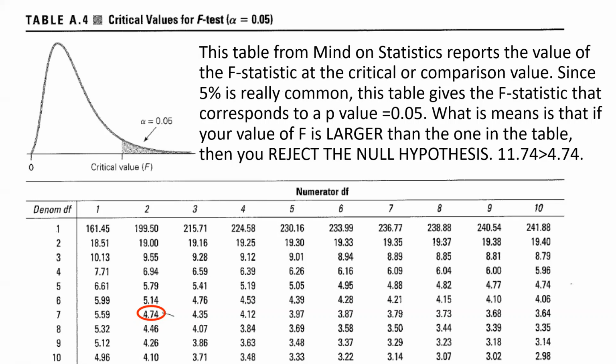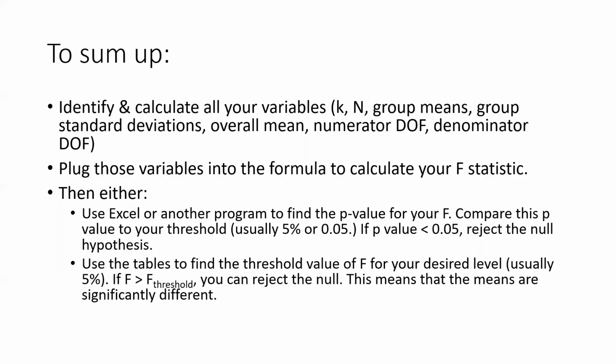Since 5% is really common, this table gives the F statistic that corresponds to a p-value of 0.05. So what that means is if your value of F is larger than the one in the table, then you reject the null hypothesis for the given degrees of freedom for the numerator and denominator. 11.74 is bigger than 4.74 for our 2 and 7 degrees of freedom. So again, we reject the null hypothesis. So it's just another way to determine.